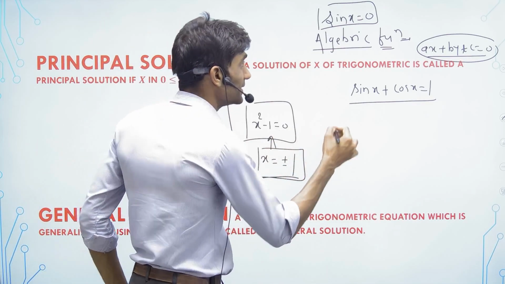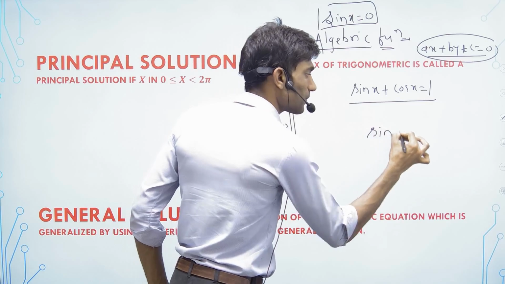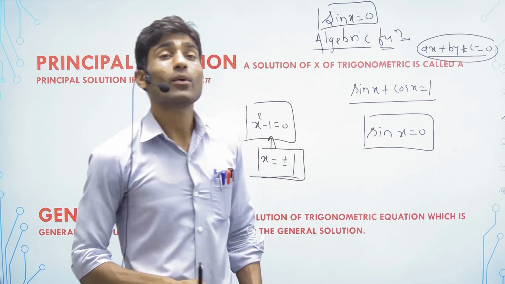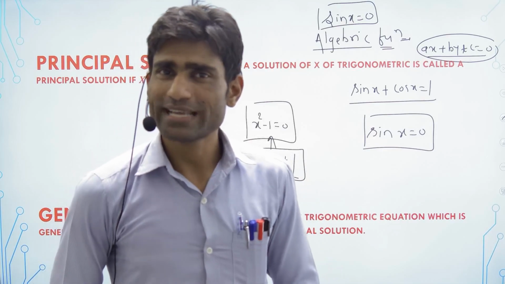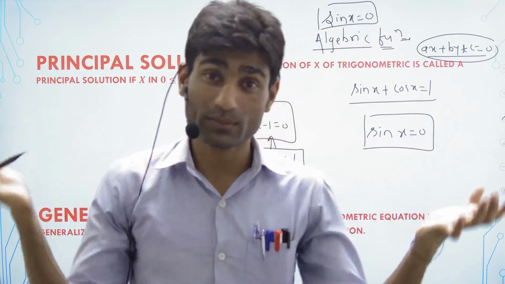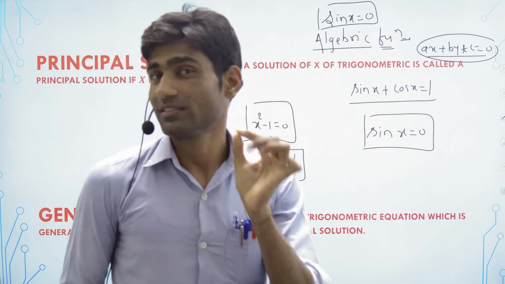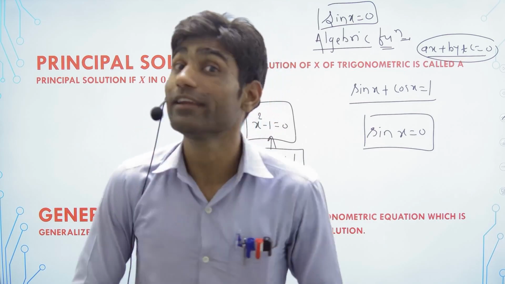Let's consider one example: sin x equal to 0. I want to verify whether sin x equal to 0 has a solution or not, and whether there is a single solution or multiple solutions. First, let's understand a single solution for our trigonometric equation.